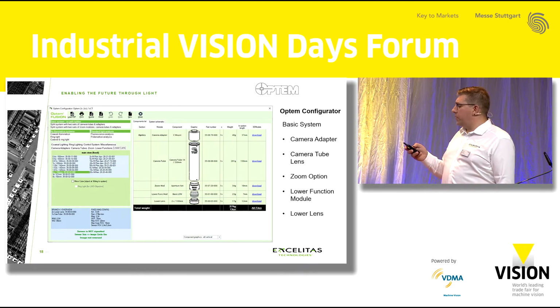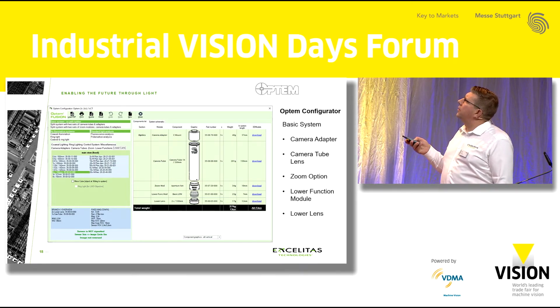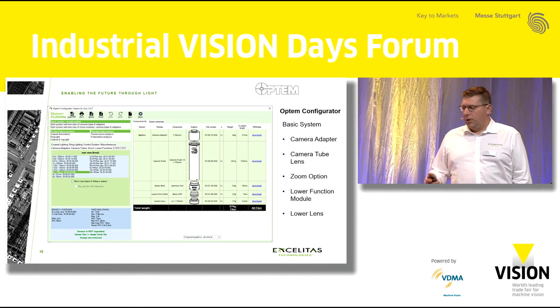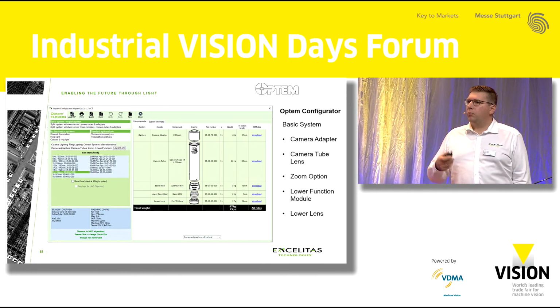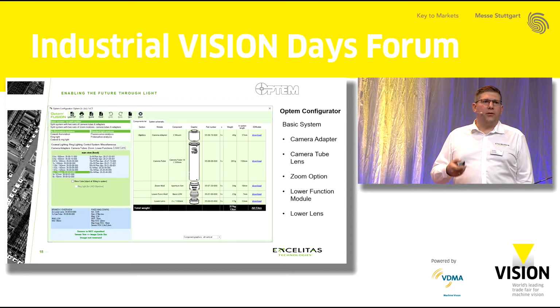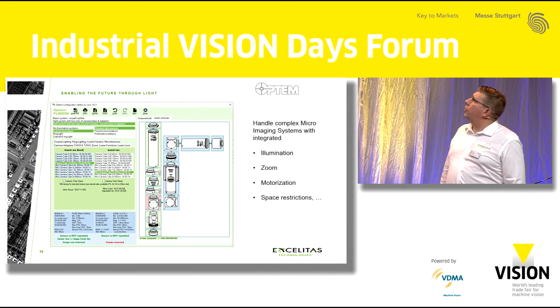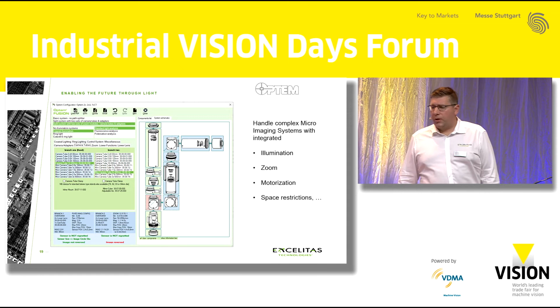If you look at this configurator, you can get all the technical data about numerical aperture, magnification, and more technical data if you need it for your special task. Here I want to show what is possible with this system.